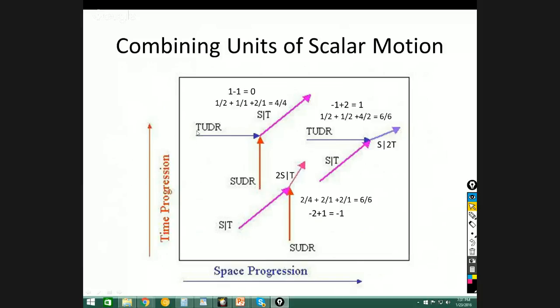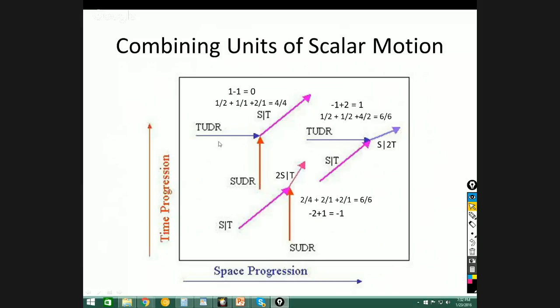So when it's 2 over 2, 4 over 4, and it's going up that diagonal of unit progression here, instead of black, it's colored violet because it's a combination of the blue progression of space and the red progression of time. So the space unit displacement ratio progresses in time. The time unit displacement ratio progresses in space.